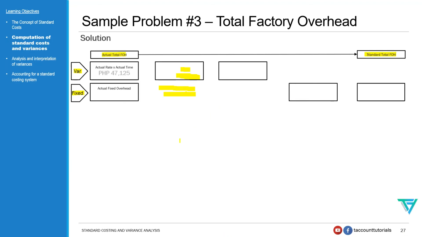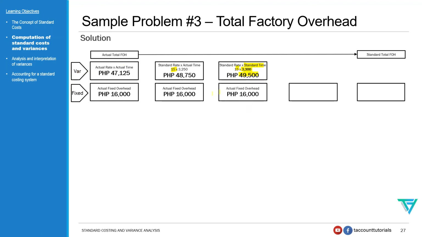All right, so to continue our analysis, let's just clear up the slide here. Standard rate remains at 15, and the standard time is 3,300 hours. Okay, gives us 49,500 total standard factory overhead. Actual fixed remains the same, and then we can now proceed to analyze the variable component.